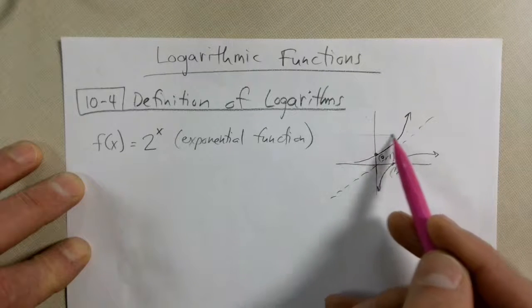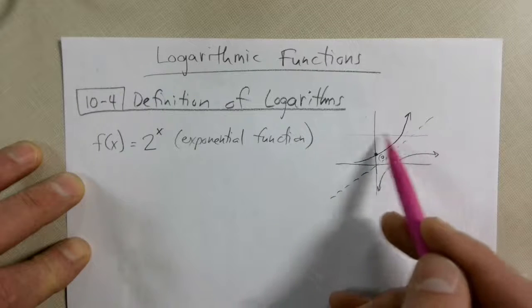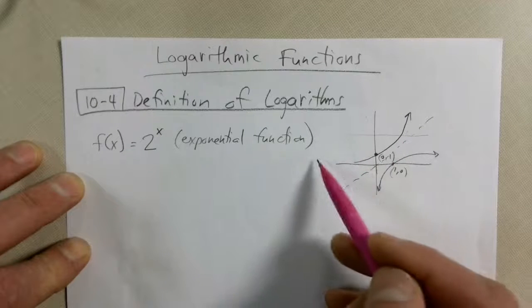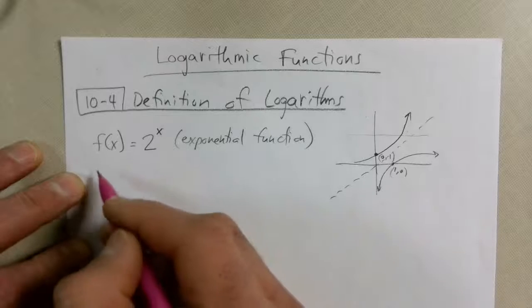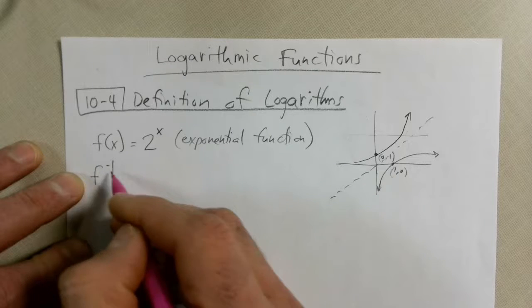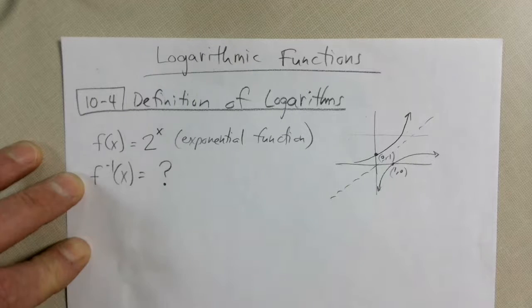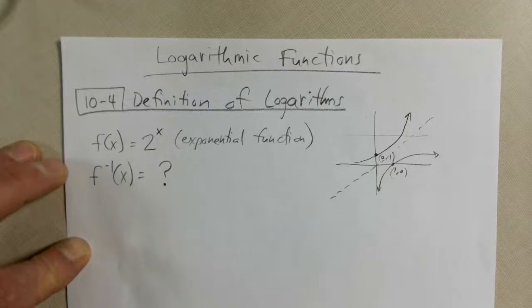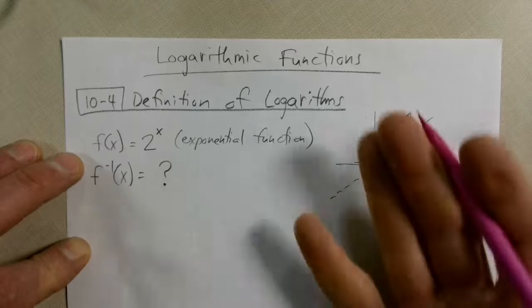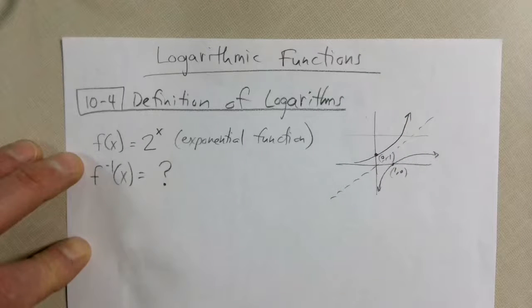An exponential function passes the horizontal line test, so it has an inverse. What is the kind of function that will undo an exponential function?